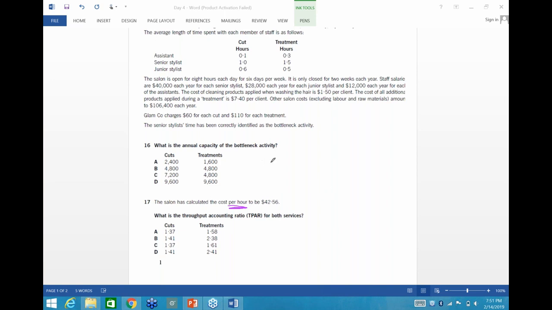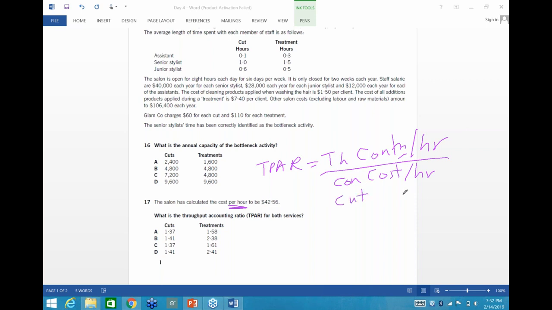So TPAR is throughput contribution per hour divided by conversion cost per hour. So we are talking about the haircut and the treatment.